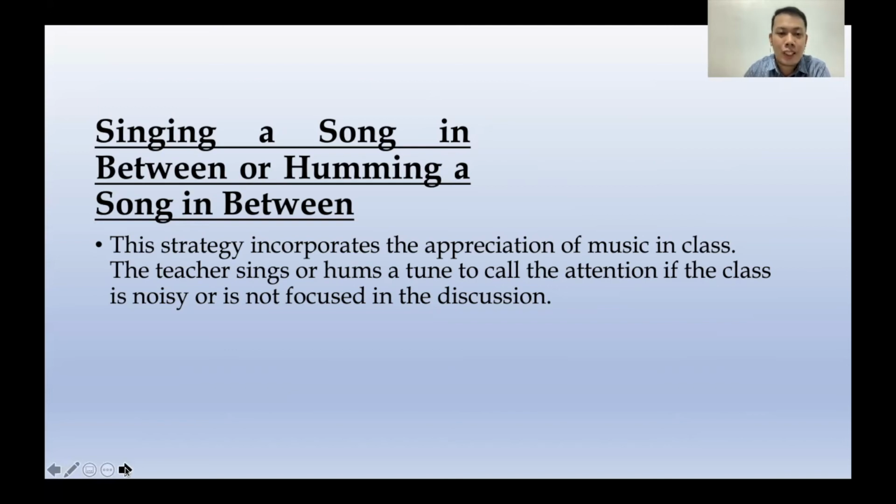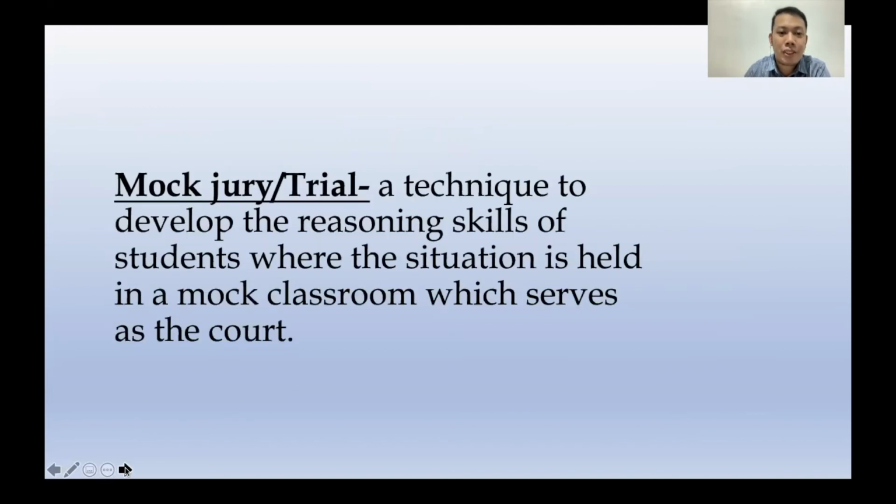Okay. So the next one is mock jury or trial. A technique to develop the reasoning skills of students where the situation is held in a mock classroom, which serves as the court. So if your students are familiar with trial in a certain courtroom, you may use this one. This is applicable to some topics like history of the Philippines.